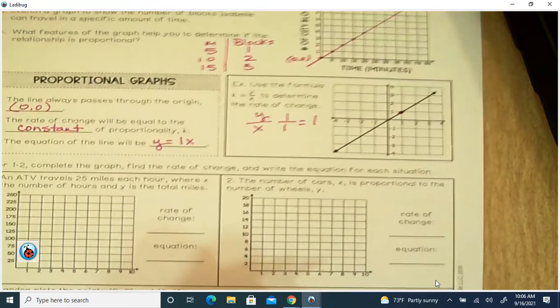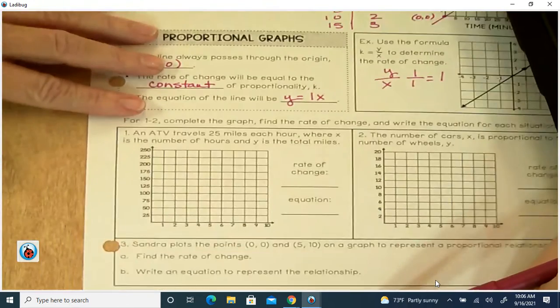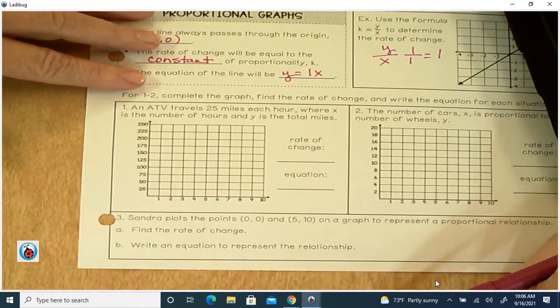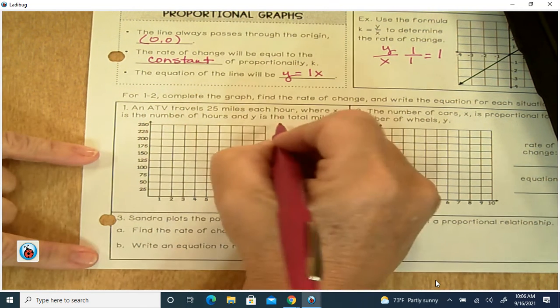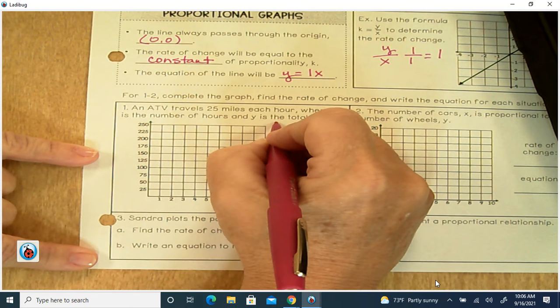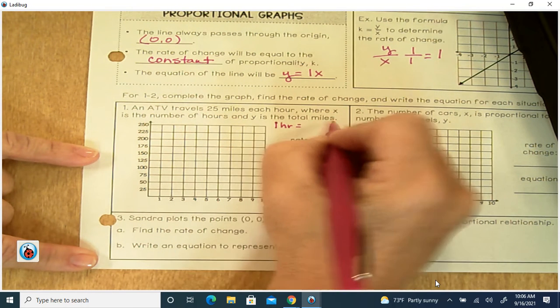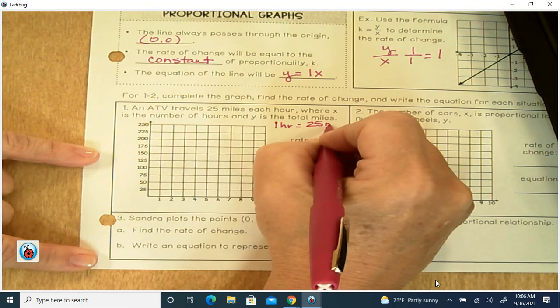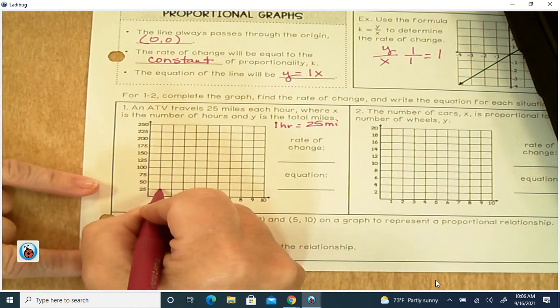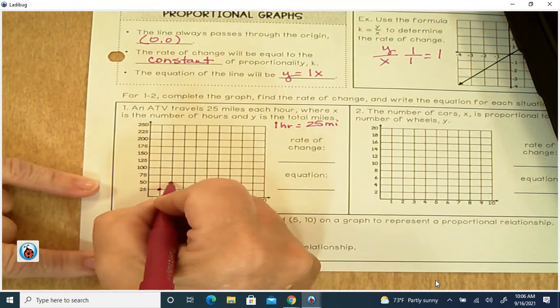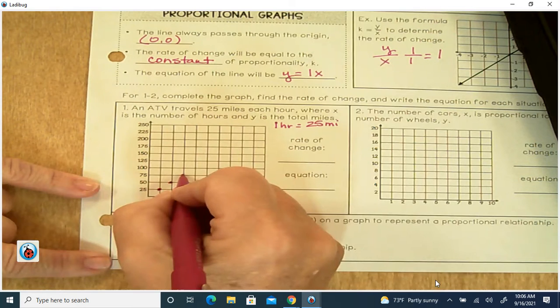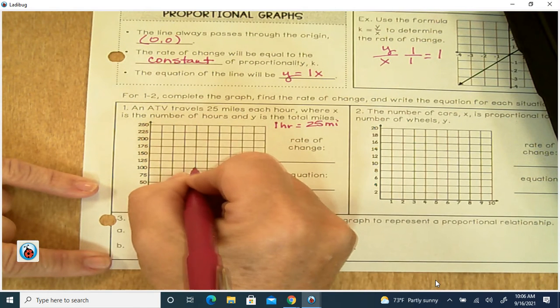All right, let's go down here and look at this next one. An ATV travels 25 miles each hour, where x is the number of hours and y is the total miles. Now, it just said in 1 hour, he went how far? 25 miles. All right, so 1, he went 25. 2, he goes 50. 3, he goes 75. 4, he goes 100.